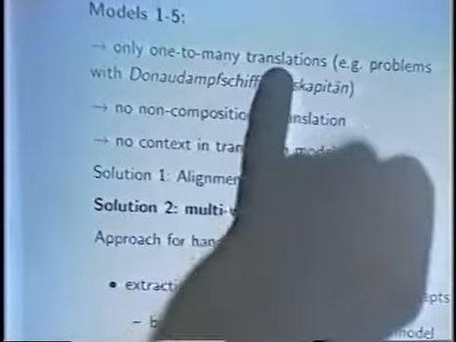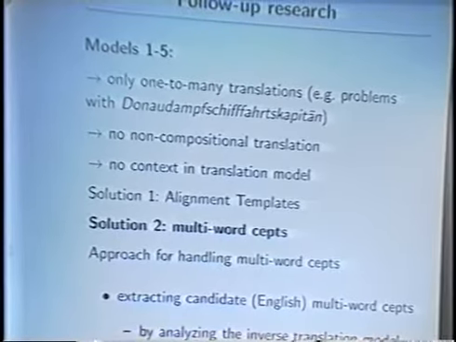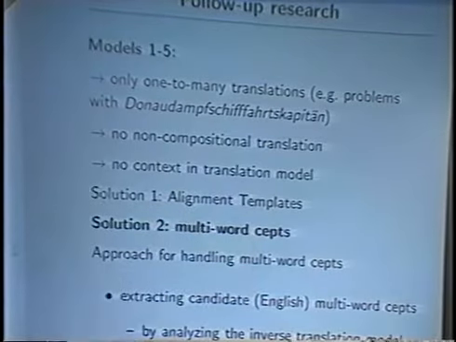So it's important, or I claim it's important, to include phrases, or sequences of words, in the translation model. Because the restriction of the IBM models is that it's only one-to-many translations, it's not possible to make non-compositional translation, and there is no context in the translation model.